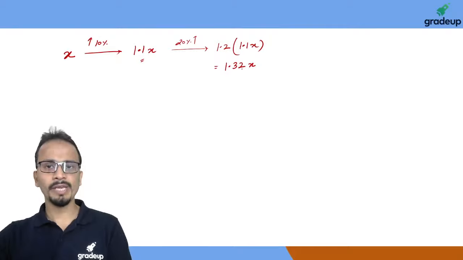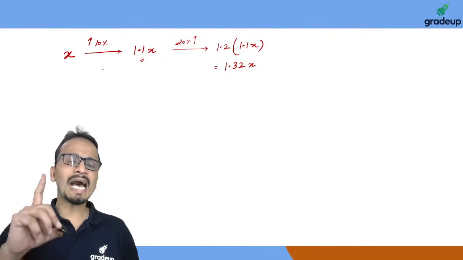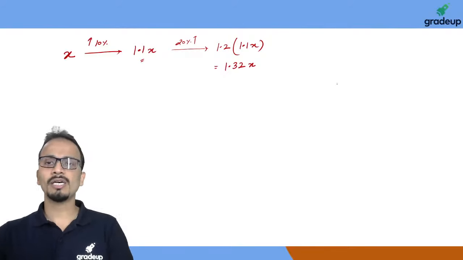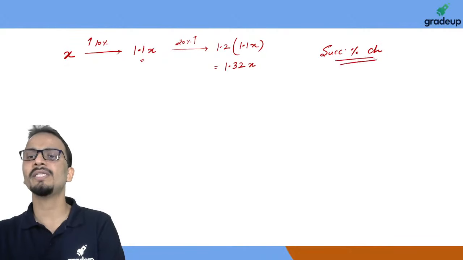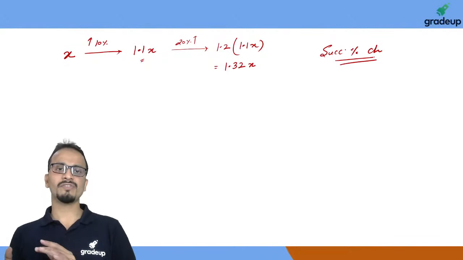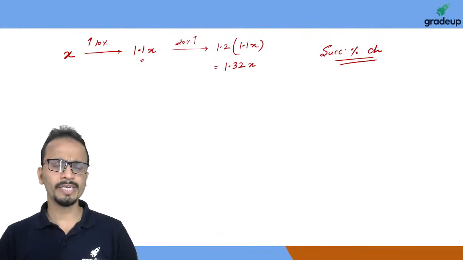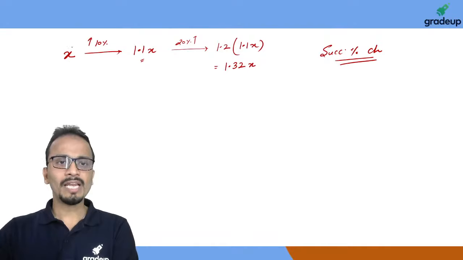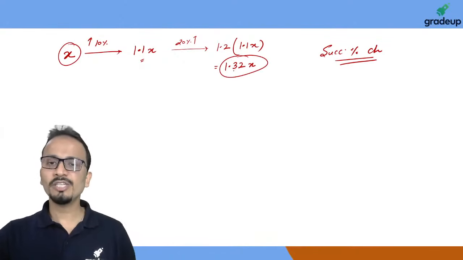Now this kind of increase which has happened one after the other is called a successive percentage change. What I've done is I have applied a change one after the other on the same value. The initial value started with x and the final value is 1.32x.